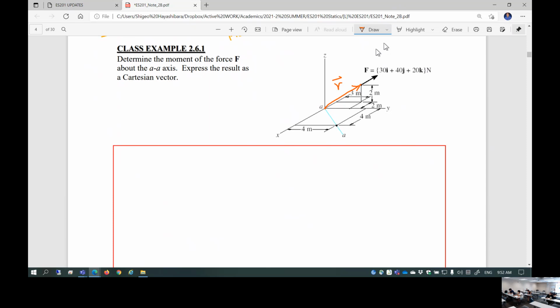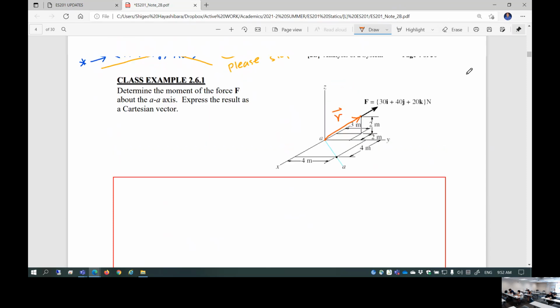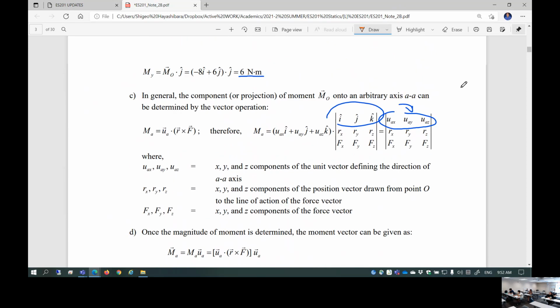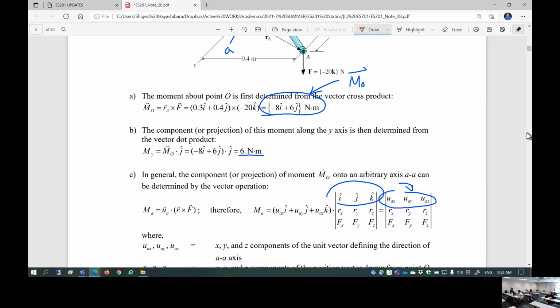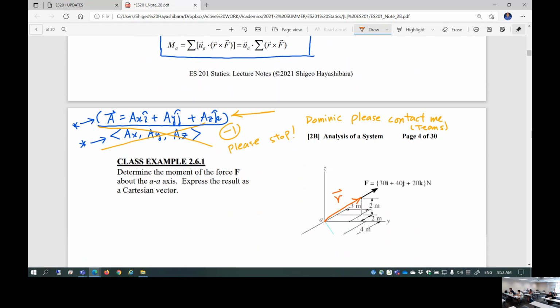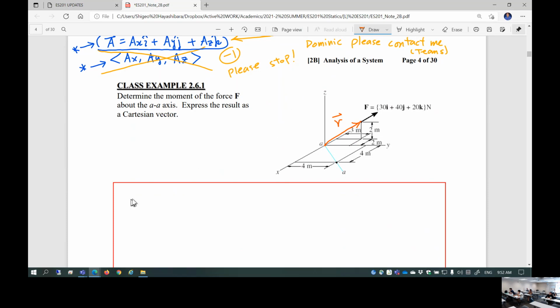Why? Because by finding it and taking a cross product of it, you can determine the moment. So that's what I want first: the moment at the coordinate origin developed by the force F. To find this, you want to find RA. Let's find the position vector R to begin with.